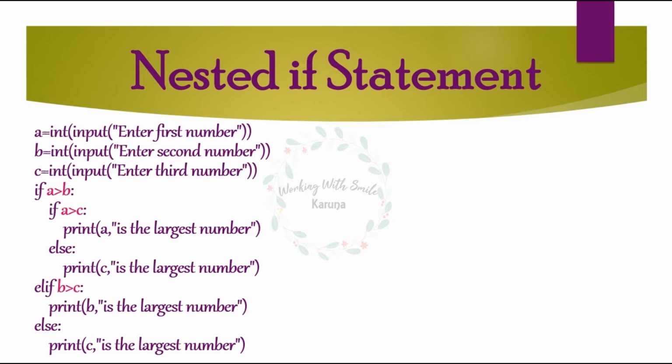The next condition after entering the first if block is A greater than C. That means to check the condition A greater than C, A must be greater than B.